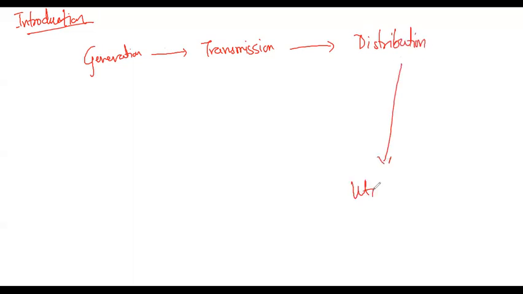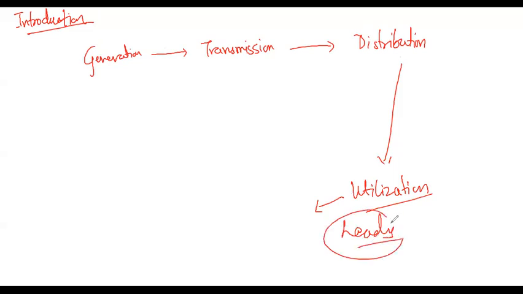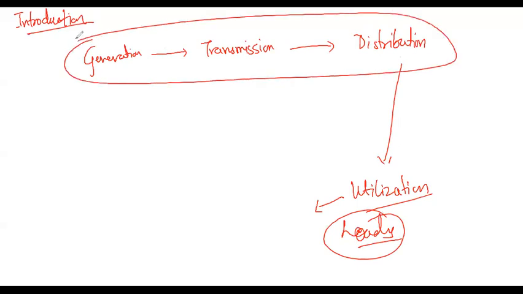We have generation, next transmission, and then distribution, and at the end the distributed power is utilized for purposes such as street lighting, heating, or any such loads that are connected. These three form the major parts.